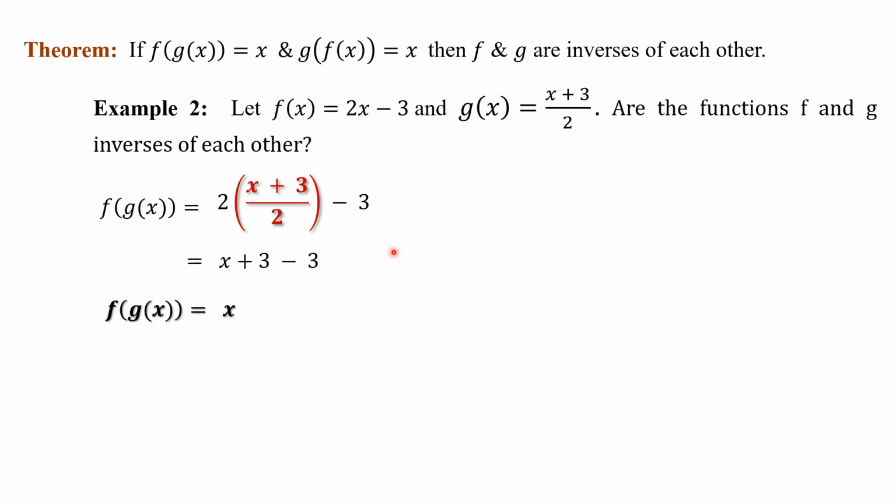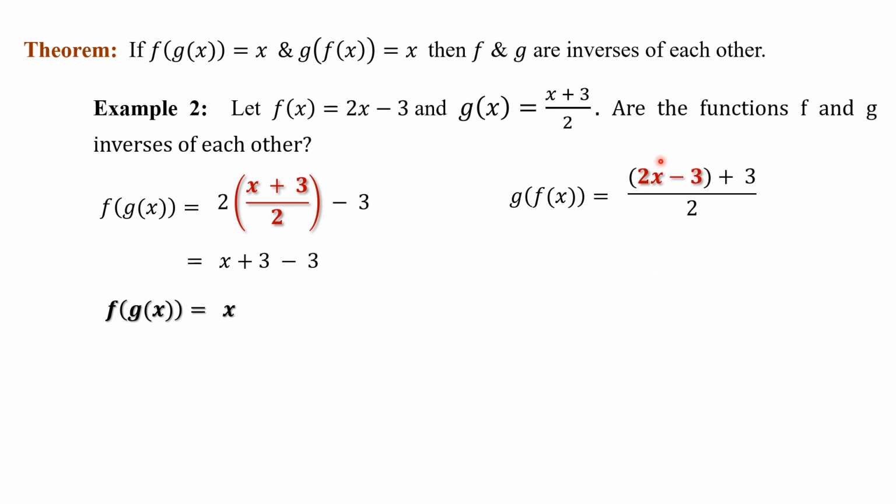Then the other composition is g of f. So let us check what's the value of g of f. G of f means we will put the function f inside g in its value of x. So copying this g, (x plus 3) over 2, but placing this x as a function f, we will get this.